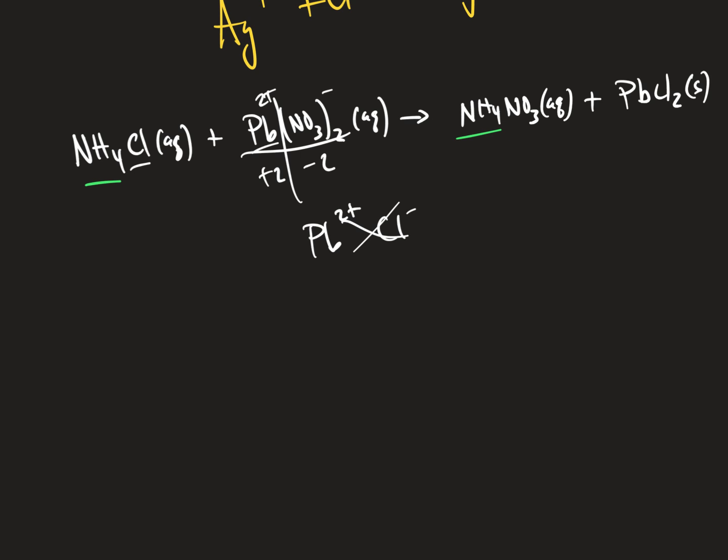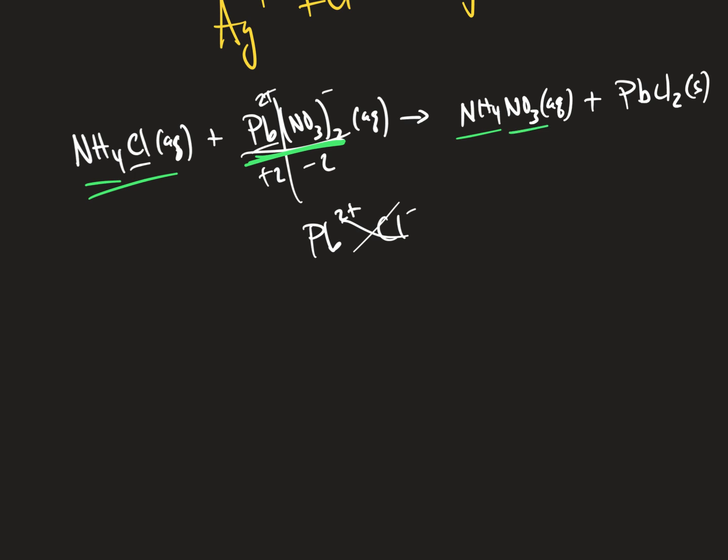So maybe I shouldn't have started with this one because that's only one of each, right? But you see I started there and I had to change it anyway. So maybe we should start with this compound. We have 2 nitrates. Is it okay to count nitrates all as one unit? Yes, because it's the same on both sides, right? So we have 2 over here. That means, how many do we have over here? You got one.